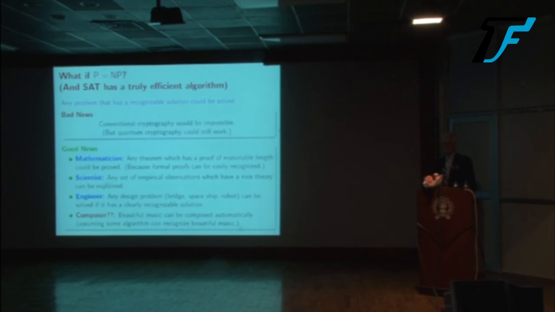They're NP problems. It's just an NP problem to break it. So you can rule out conventional cryptography, although you can still use quantum tricks and make cryptography work. And then, good news, I don't know if it's good news, broadly speaking, mathematicians can be put out of business. Why?